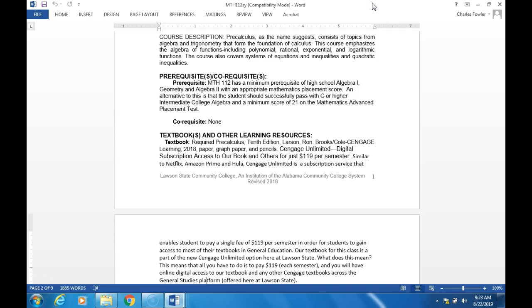Now, it's Brooks Cole Cengage Publishing. I don't really care for Cengage. But they have offered a really good deal to the colleges now, and a lot of people are taking advantage of them, and we do. And now the rest of what you're going to see here, I think, let me say this. It's 2018, which means it only has a couple years life left in it before they come out with the 11th edition. Why is that? Is pre-calculus changing that fast?